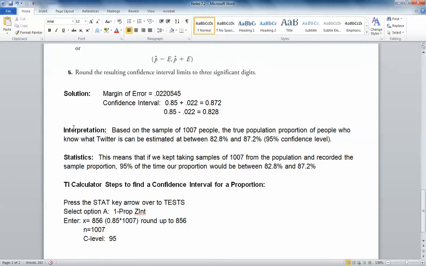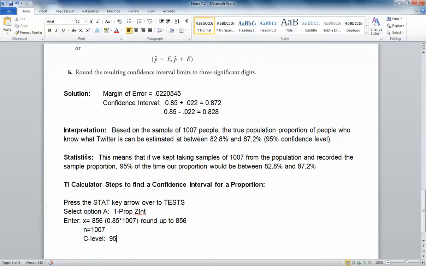And what this means is the interpretation: based on the sample of 1,007 people, the true population proportion of people who know what Twitter is can be estimated at between 82.8% and 87.2% at the 95% confidence level. So when we have our sample and try to make a prediction about the population based on the sample, our answer is an interval.